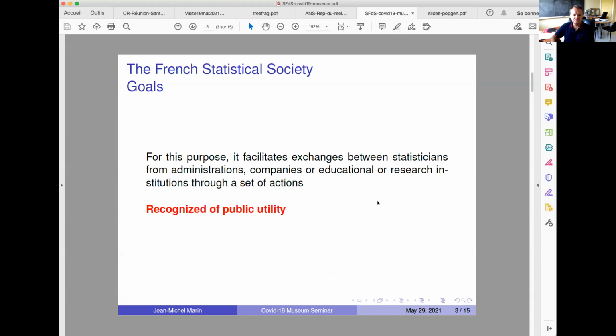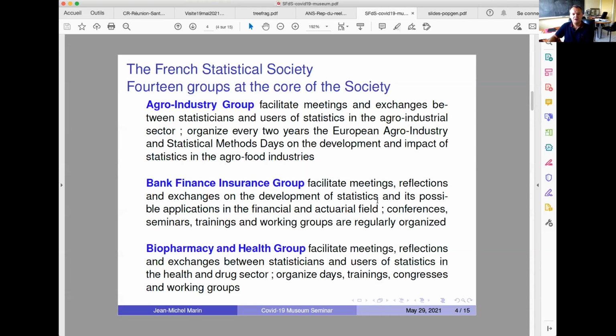So we are recognized as of public utility, and we have some internal segmentation. Our working groups are at the core of the society, and we have many. The groups are either thematic or more associated with a methodology.